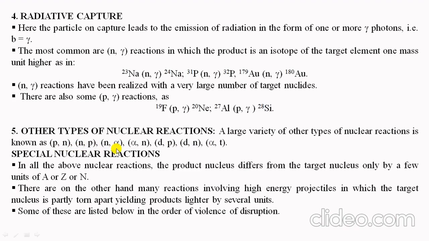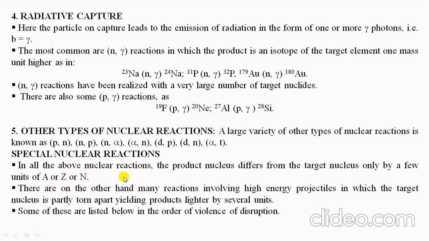Alpha means helium nuclei, d means deuterium, and here t means tritium. Special nuclear reactions: in all the above nuclear reactions, the product nucleus differs from the target nucleus only by a few units of A, the mass number, or Z, the atomic number, or N, the neutron number.